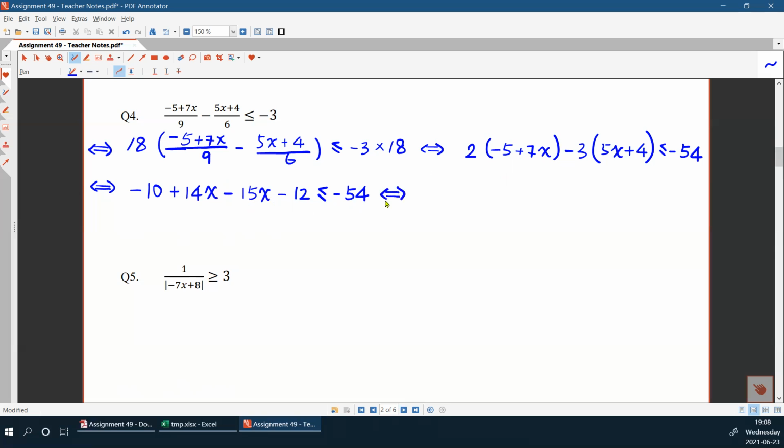We can put all the x's to the right-hand side, which will give us x larger than or equal to minus 10, and put all constants to the left-hand side, minus 12 plus 54. And this is actually equivalent to x should be greater than or equal to 32, right?